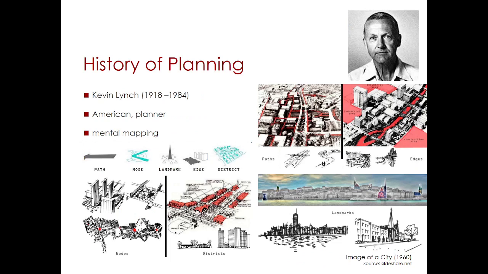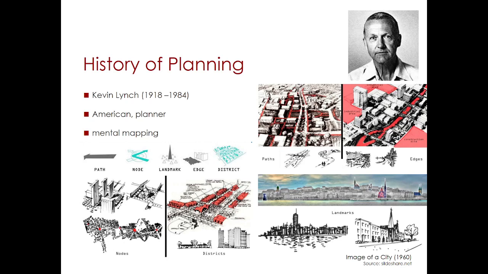This was further developed by Kevin Lynch in his book, The Image of the City, published in 1960, thinking about what the city means for its citizens. He identified five elements of a city: the path, the node, the landmark, the edge, and the district, basically dividing elements of a city that would be meaningful or significant for the citizens.